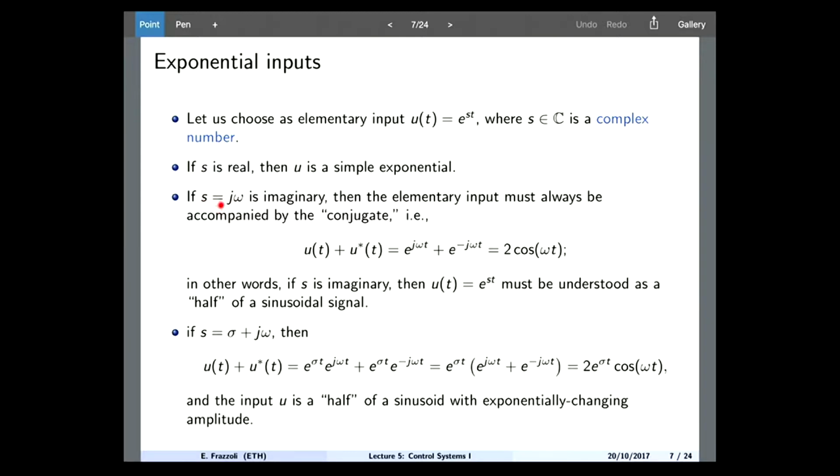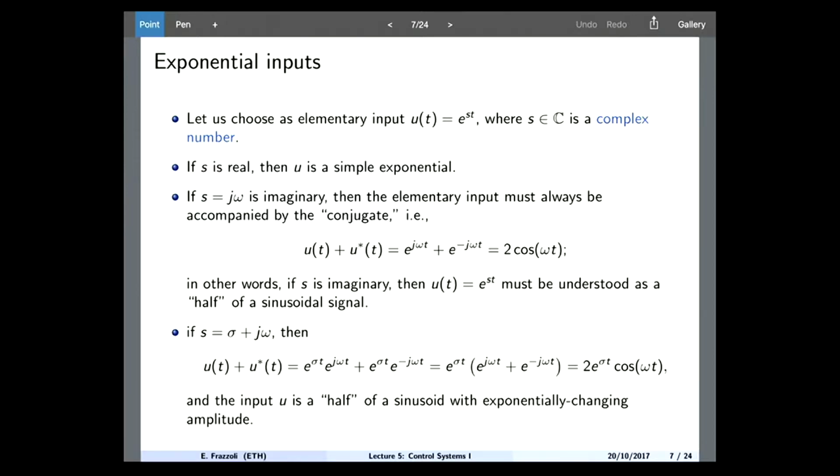If s is purely imaginary, so s is equal to j omega, for some omega, then clearly I cannot apply an imaginary input, right? Maybe I can do that in my dream, but I cannot do that physically, right?